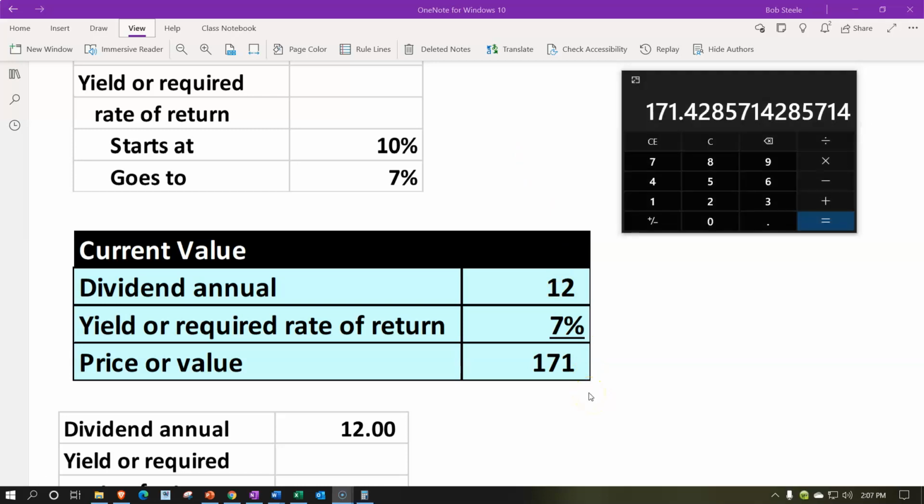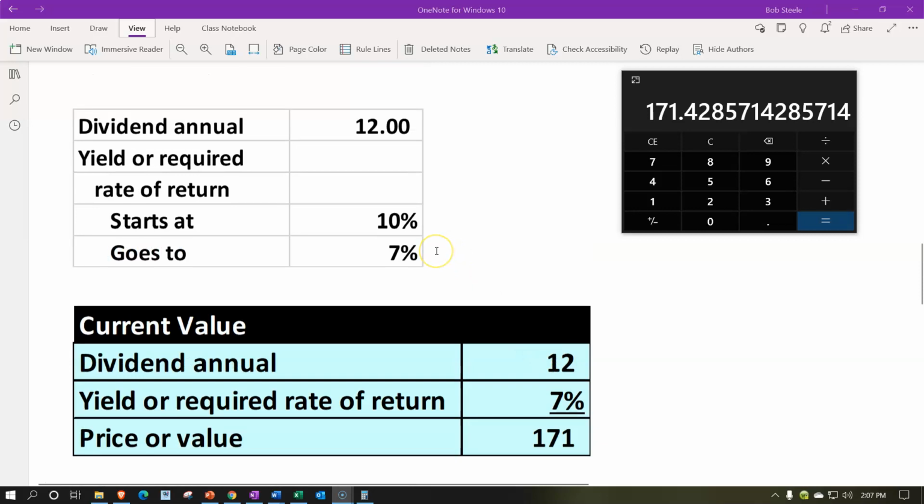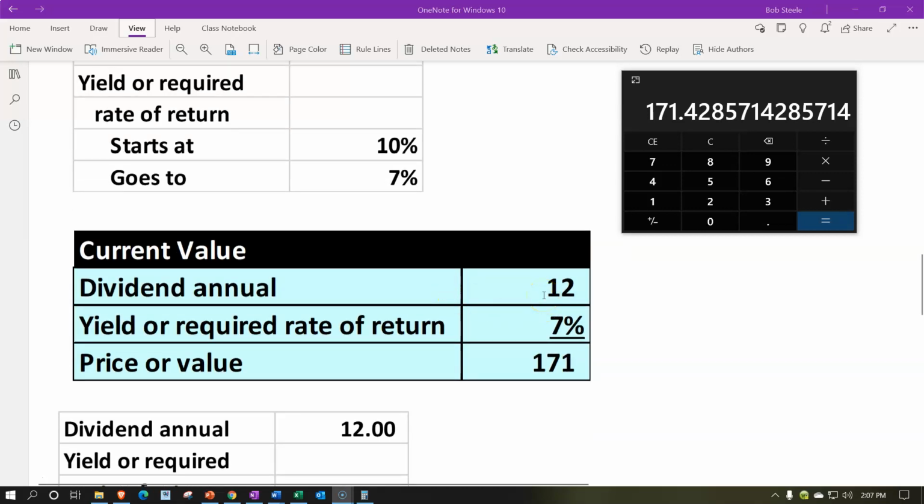Now, of course, why would that be? We're saying, well, if you're talking about the preferred stock, I can only get 7%. That's my required rate of return, meaning going somewhere else, I could get the 7%. So now with the $12 dividends, as the rate goes down, the value is going to be higher, so the value is then higher at the 171.